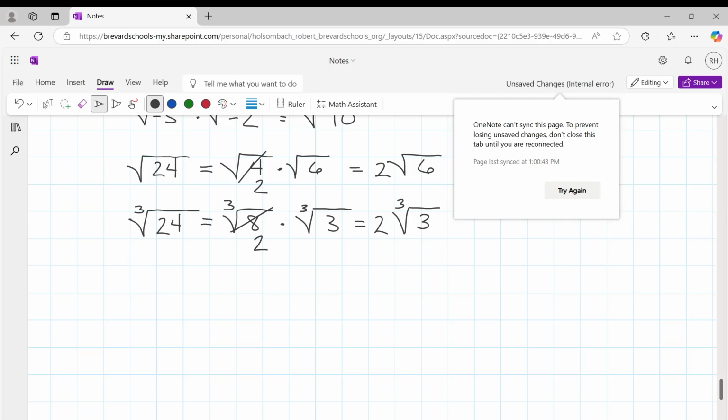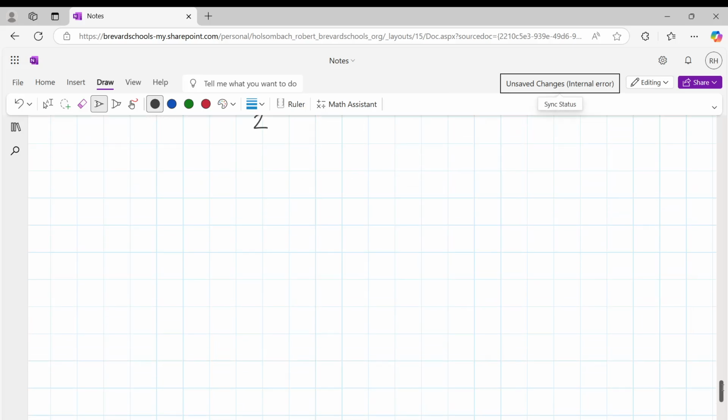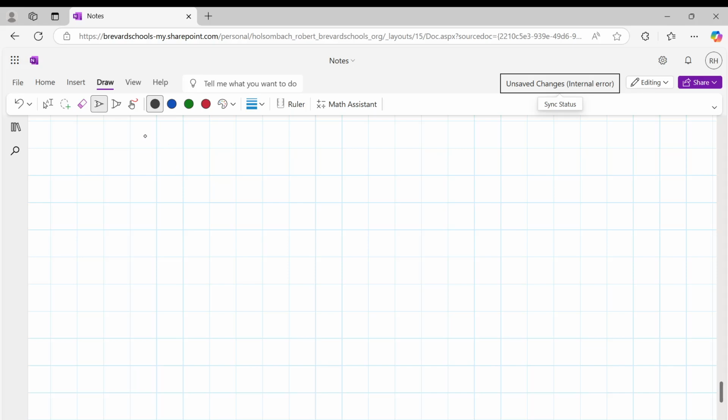All right, so let's create a list here that might help you with your factoring. We're going to list some perfect cubes.